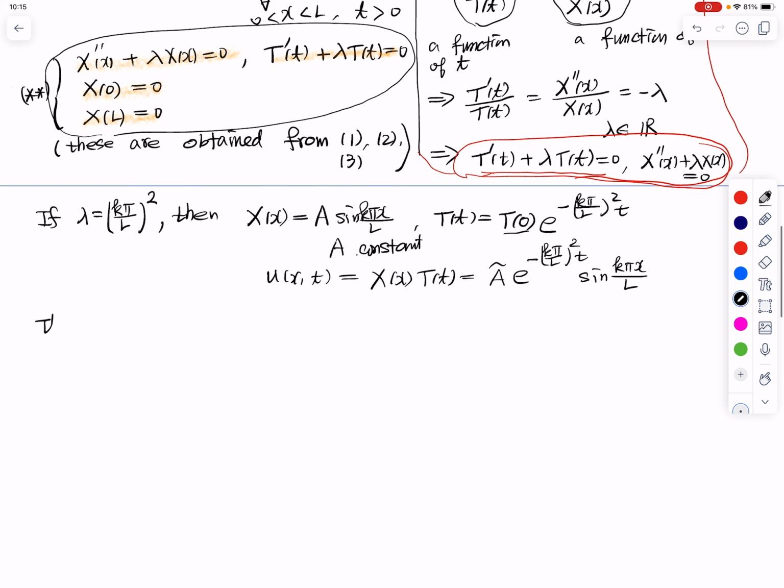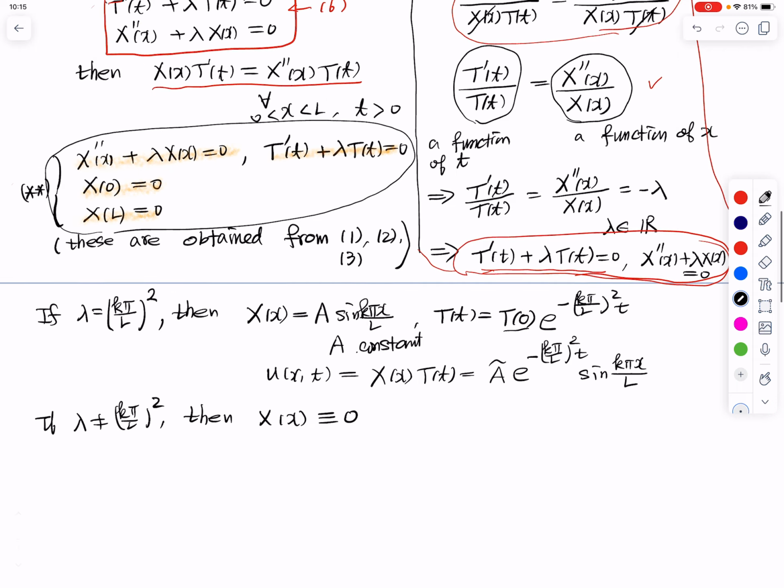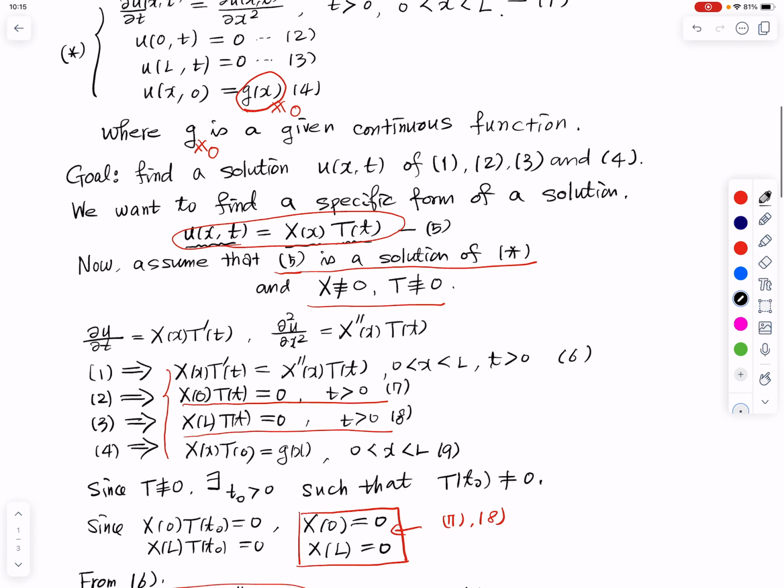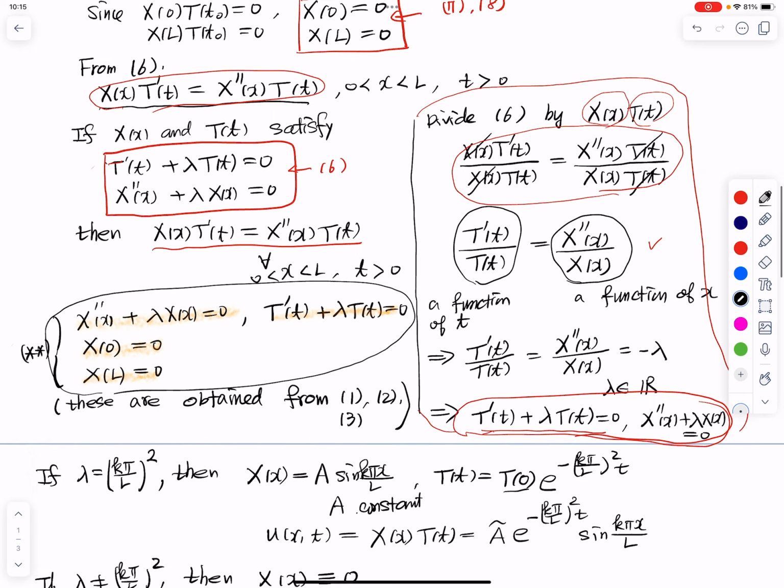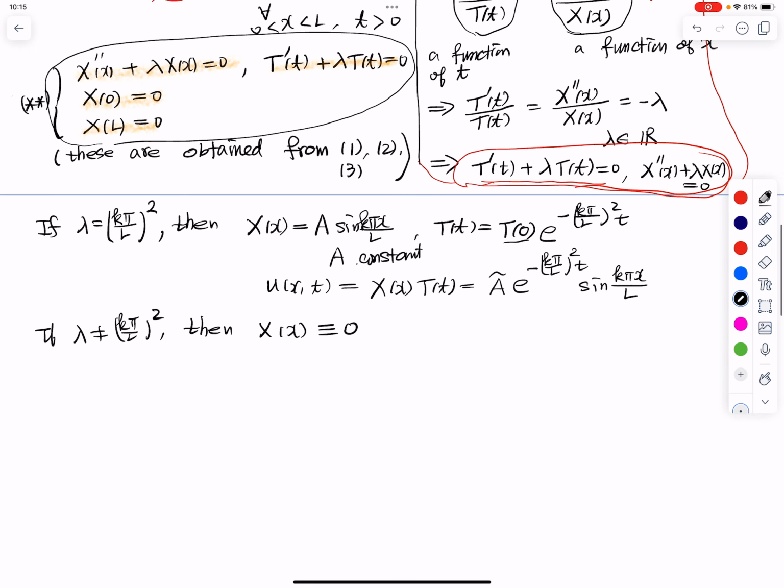And if lambda is different from k pi over L squared, then we have X should be just 0. But at the beginning, we don't want the zero solution. So in this case u(x,t) has to be constantly 0, but this does not satisfy it.